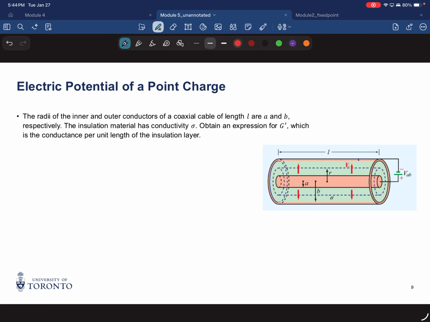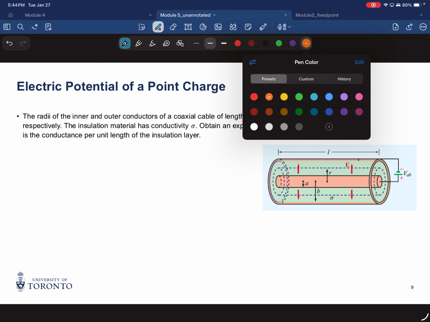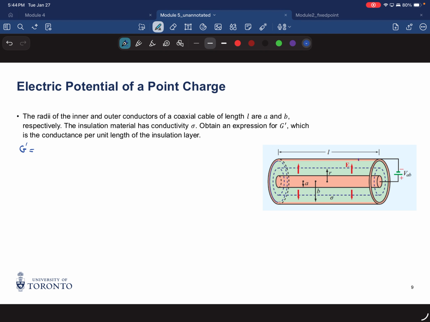Okay? So I'm going to see, if I want to find G prime, what I would need. So let's see. G prime, we said, is G over L, because L is the length of this conductor. And then we said G is basically I over V, multiplied by L. And here, I is J dot ds.